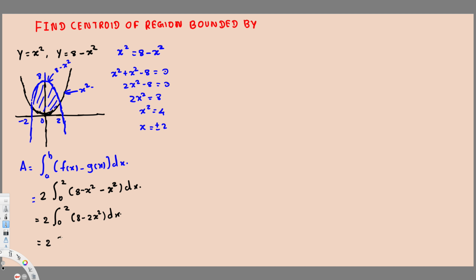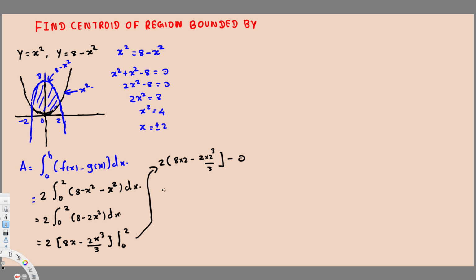So this is going to give us 8x minus 2x cubed divided by 3, and that's going from 0 to 2. So let's substitute the values. So we have 2 times 8 times 2 minus 2 times 2 cubed divided by 3, and the other value, if you substitute 0, that's going to be just 0, so we can just put 0 right here.